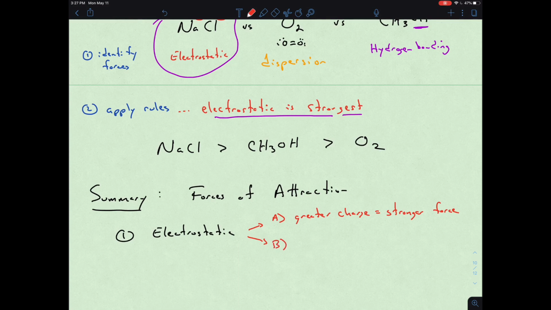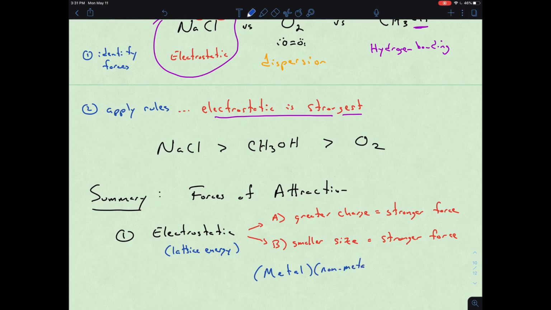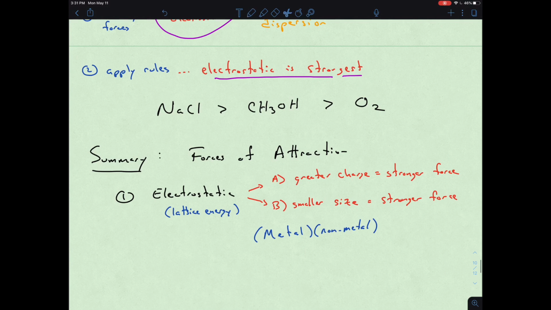And then B, smaller size equals stronger force. That notion is really involved with lattice energy. Another form there, looking for the metal, non-metal recognition. The second one is network covalent.